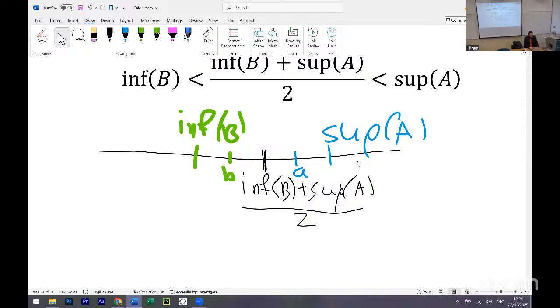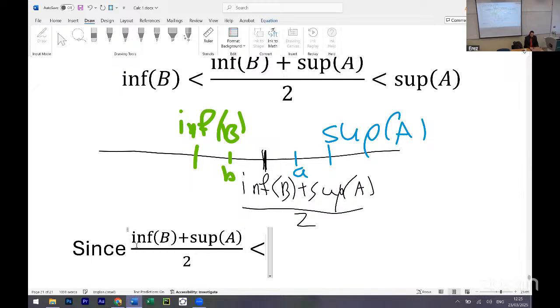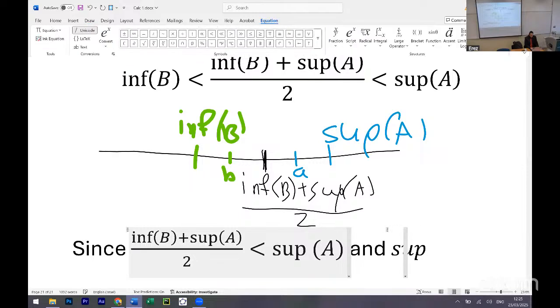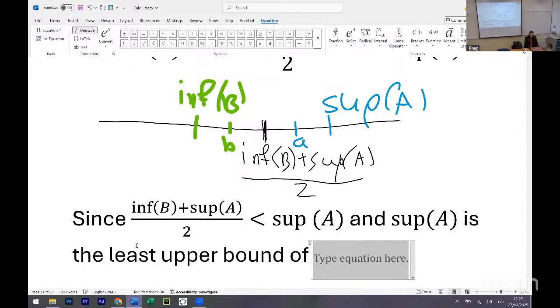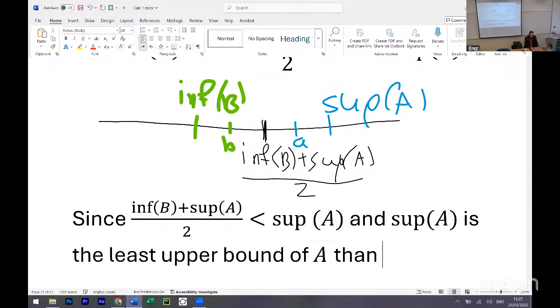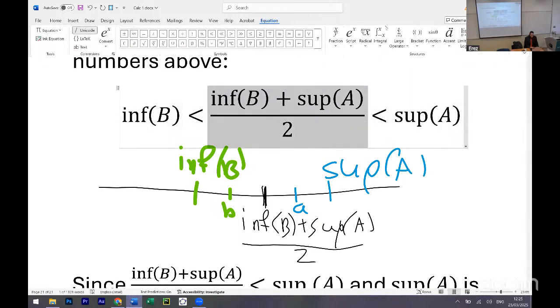So what I did say is, since the middle part is smaller than supremum of A, and sup of A is the least upper bound, then the middle, I wish to give it a name because copying the whole formula each time is silly.